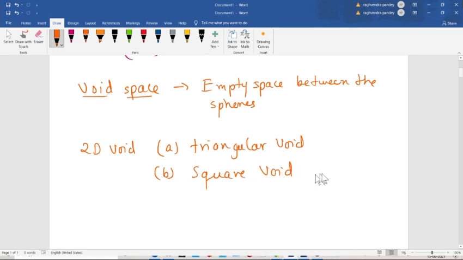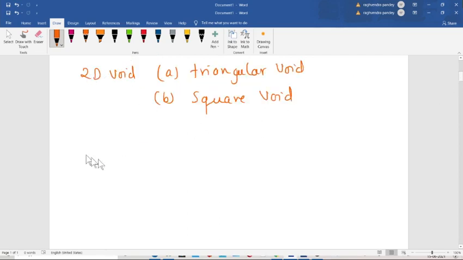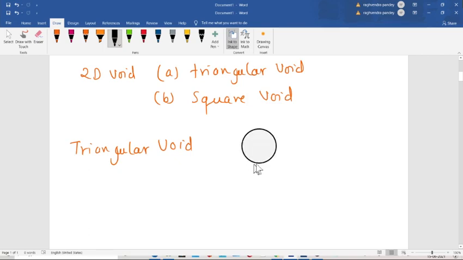Let's first take this triangular void. If we make a triangular void, suppose, let's take 3 spheres.